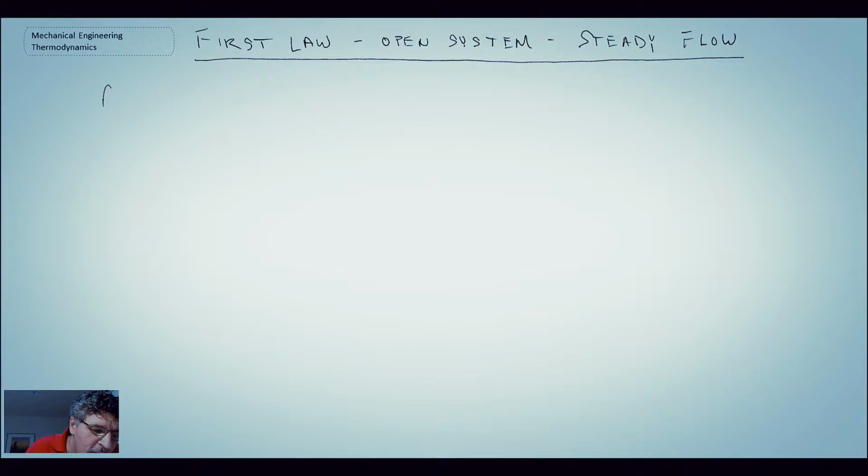So the form of the equation, we have heat transfer minus work, and we have the over dot to denote a rate. And then on the right-hand side of the equation, we have mass flux leaving the system multiplied by three terms. We'll have the enthalpy, the kinetic energy, and the potential energy.